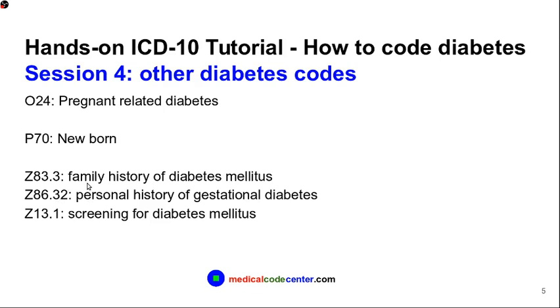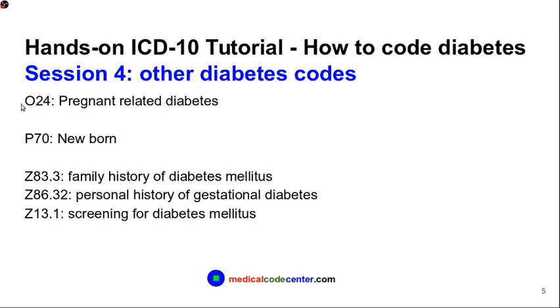If a patient has a family history of diabetes, you use code Z83.3. If the patient has a personal history of gestational diabetes, you use Z86.32. And finally, if the patient is being screened for diabetes mellitus, you use code Z13.1.